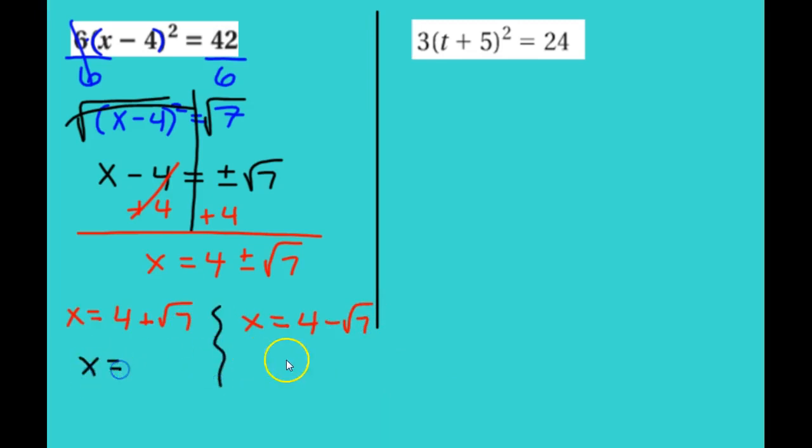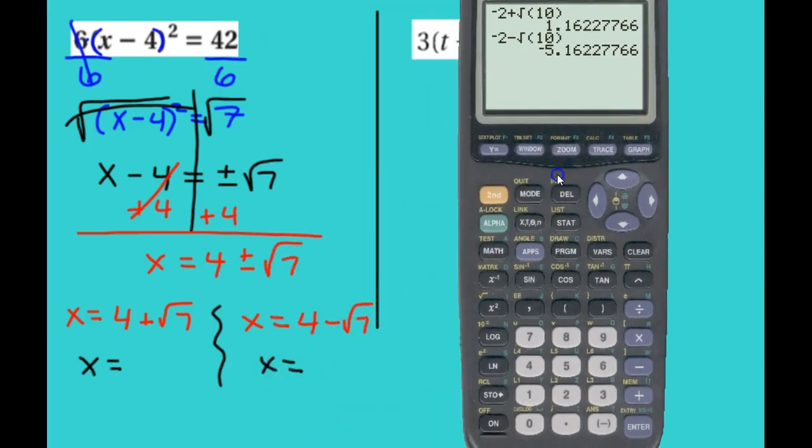I'm just going to plug these in my calculator to figure out what my two answers are. So we have 4 plus the square root of 7 is 6.65 if we round up.